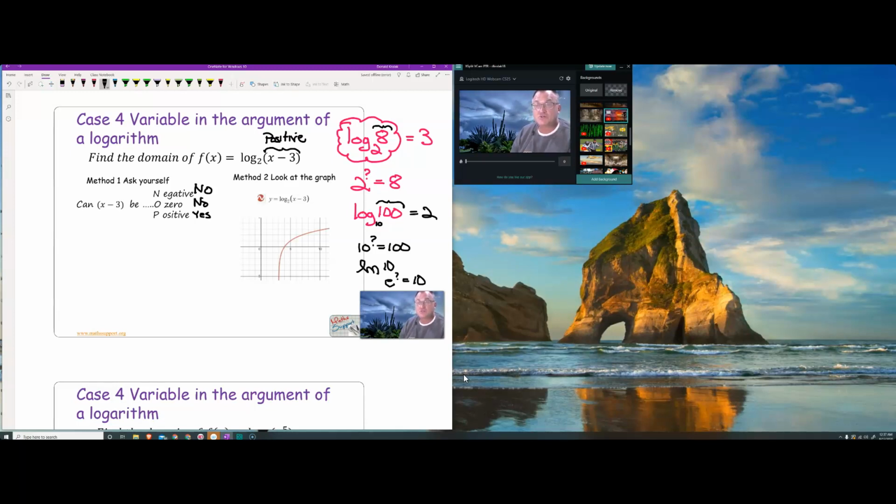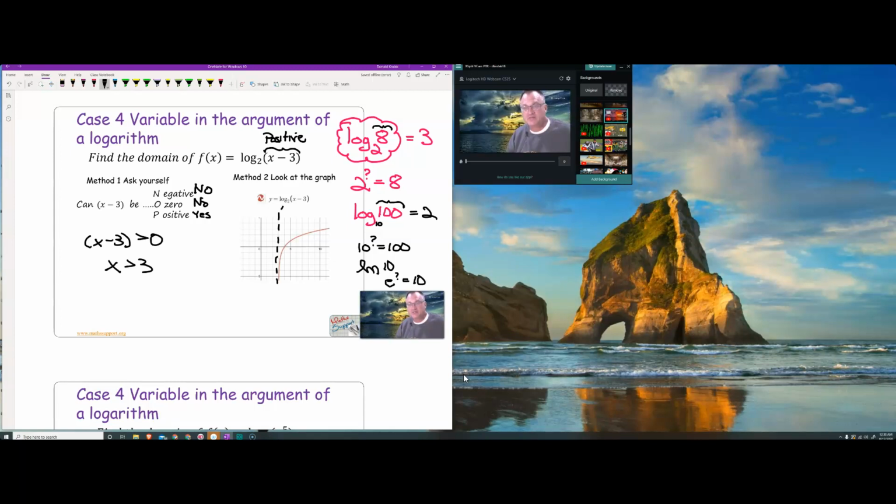So that's what you do with logs. With logs, you're going to take the argument and you're going to make it greater than 0. That means it's positive. And now you solve that. So that's just going to be x is greater than 3. And if we look at our graph here, we can see that's the domain.